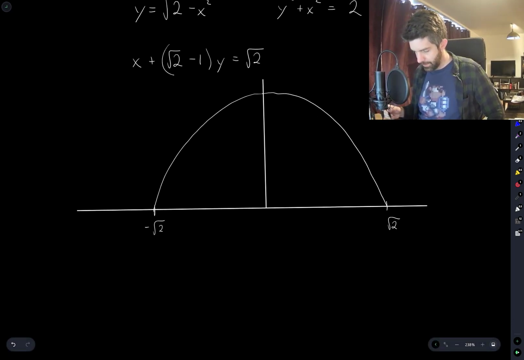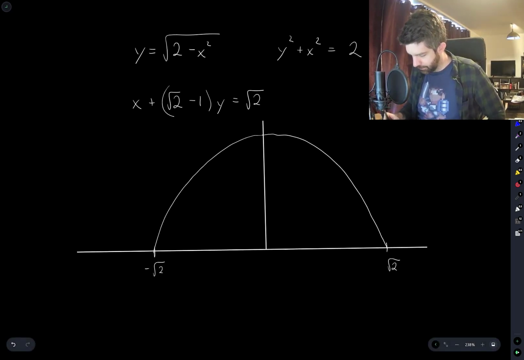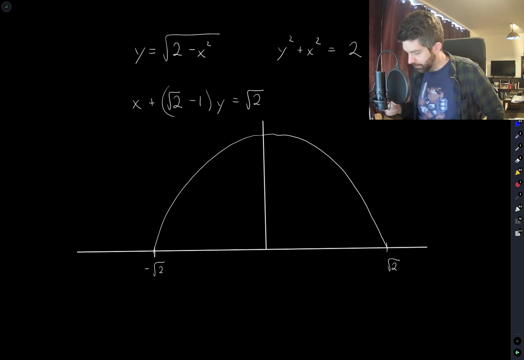And if I rewrite the formula for the straight line, well, maybe we can do this more intelligently by using a couple specific values. When y is equal to 0, x is equal to root 2. So the straight line goes through this point.